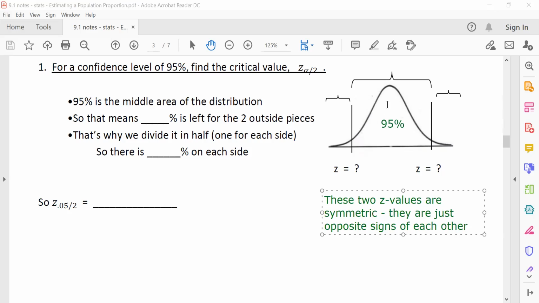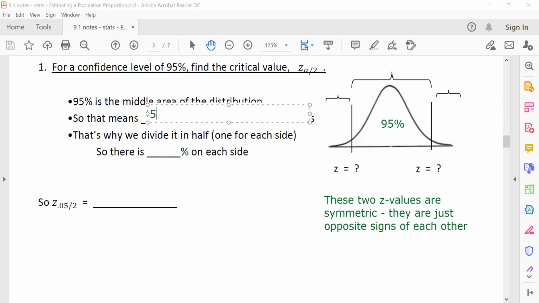You have 95% of the data falling in between a lower and an upper z-score. That leaves 5% for the two outside pieces, AKA the tails. So 5% falls outside of here and here. We divide it in half to know how much goes into each one of them.